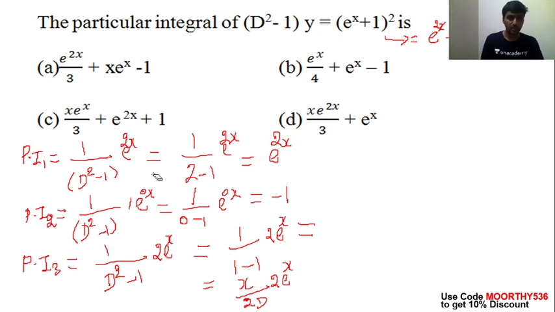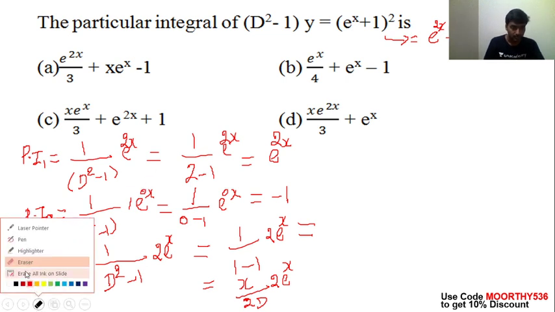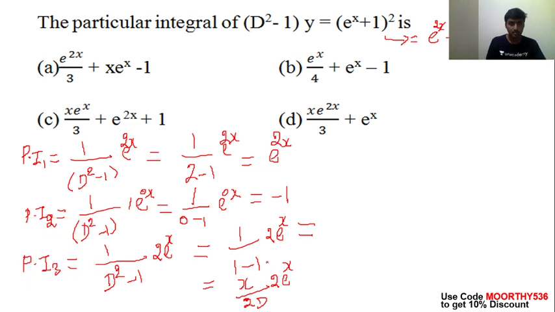Here PI1 is equal to e power 2x, and PI3 is equal to x into e power x.